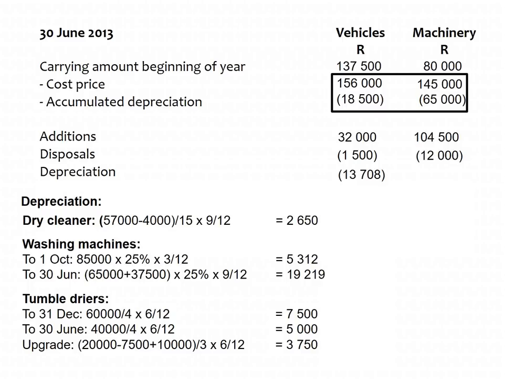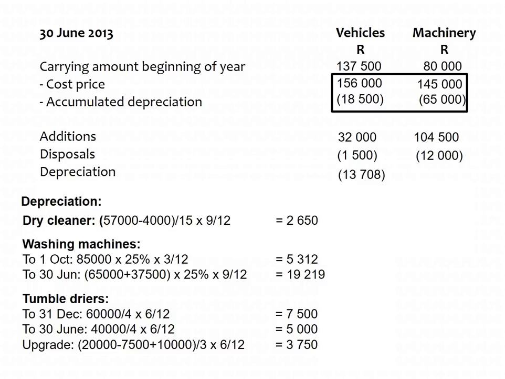Then the one tumble dryer was upgraded, and we need to calculate that upgrade as the 20,000 cost price less the accumulated depreciation up until the date of upgrade, which is 7,500, plus the cost of the upgrade. This can all be seen in note 6, which is 10,000, and that gives us our new carrying amount over the remaining estimated useful life, which is now 3 years, times 6 over 12, as the date is the 31st of December.